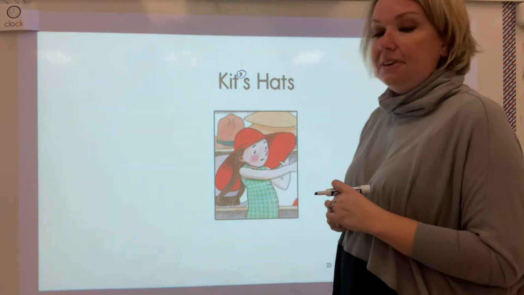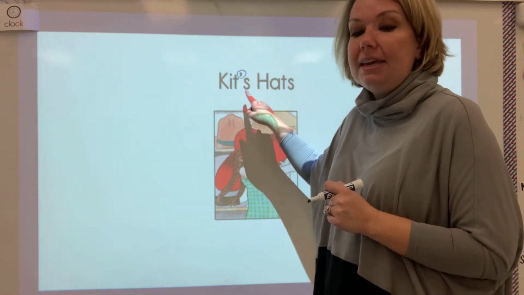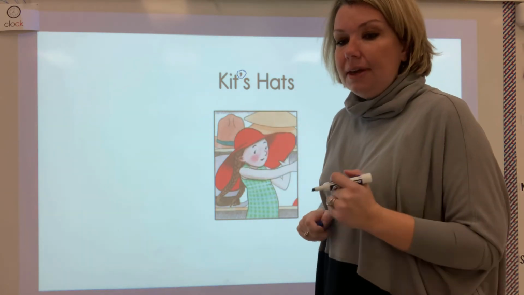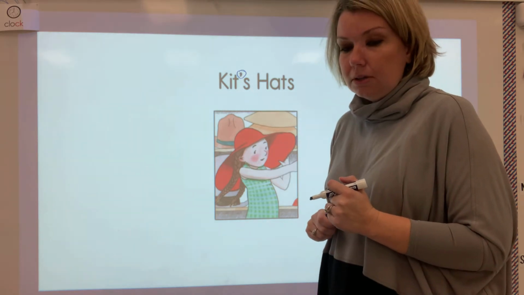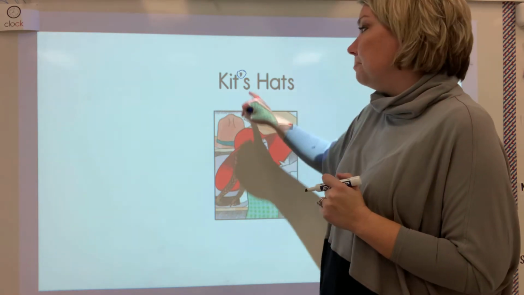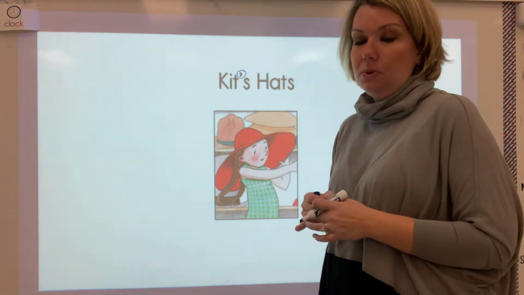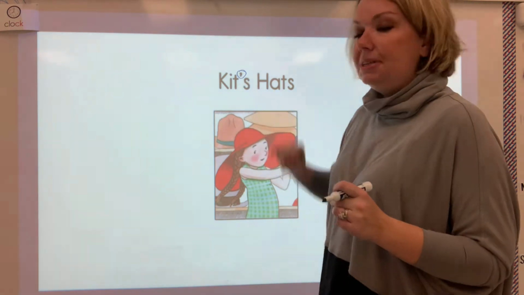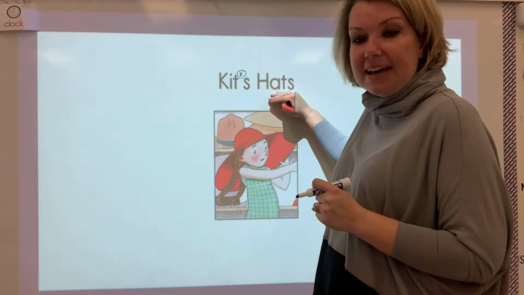An apostrophe is what you put at the end of a person's name when you're adding an S. So if I said this is Russell's pencil, I would need to put an apostrophe after his name because it's his pencil. It's showing possession. So this says Kit's hats.